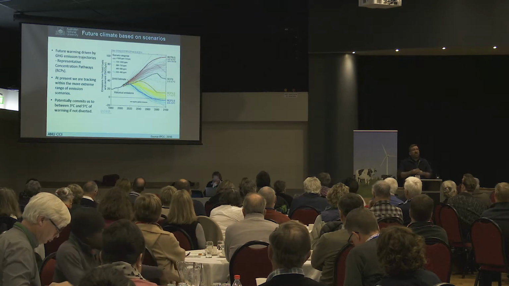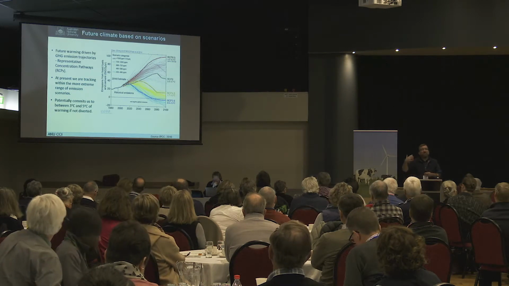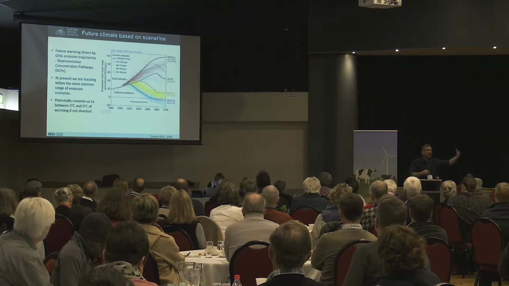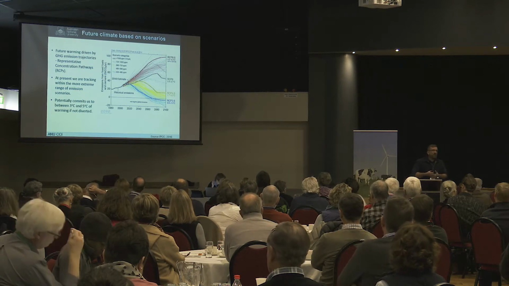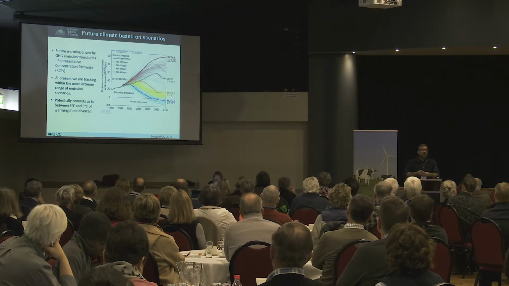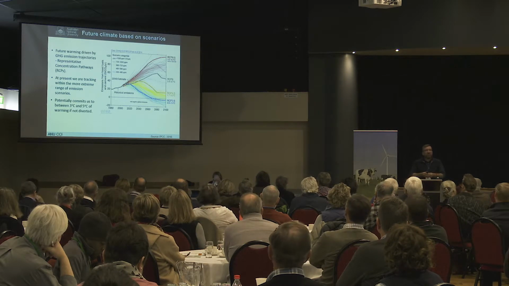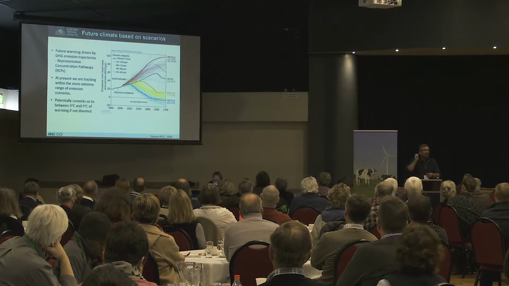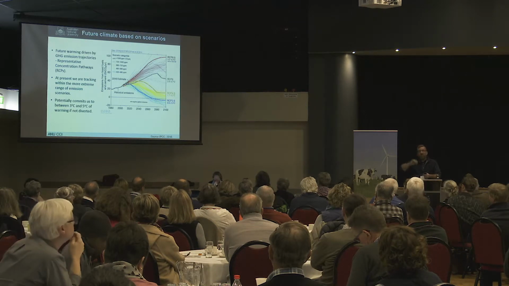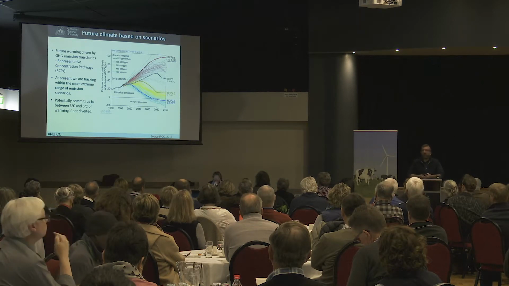How do we make assumptions about what happens into the future? Well, we need models to do that. We don't have another planet that we can go and have a look at and observe, so we rely very much on model simulations. And because we don't have a perfect knowledge of the future, we can't rely on a single emission scenario. So when we use our climate models, we have to initialize our climate models with many different scenarios of the future.